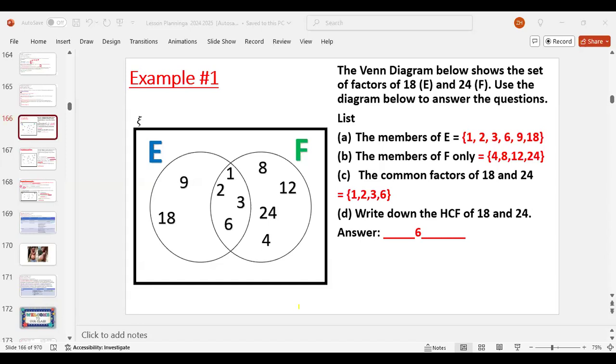Excuse me. For the quiz, how many questions are there? How many quizzes are there for the first one, the HCF? Just one. It's not two quizzes, but it goes from number two.